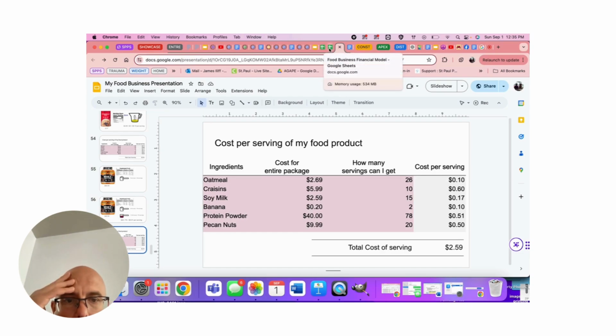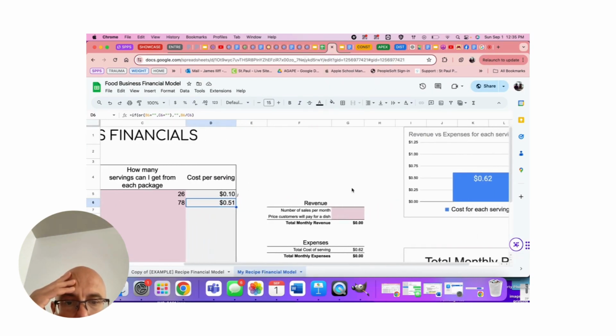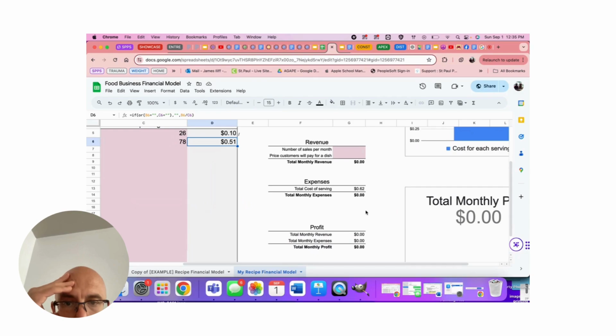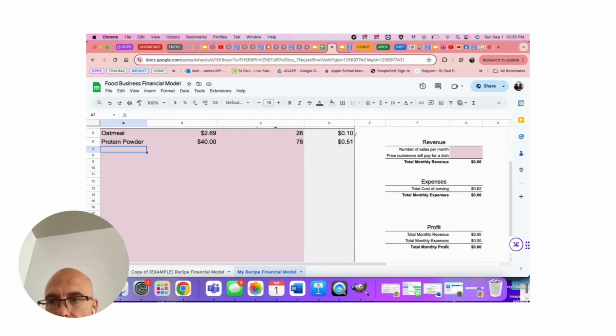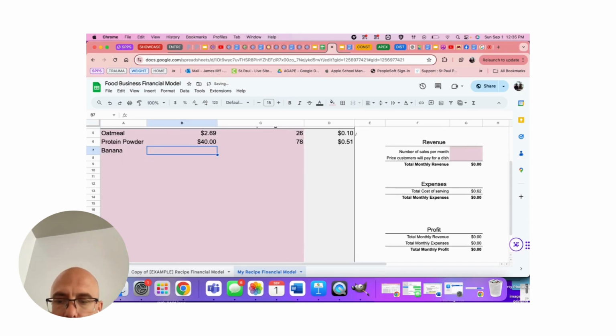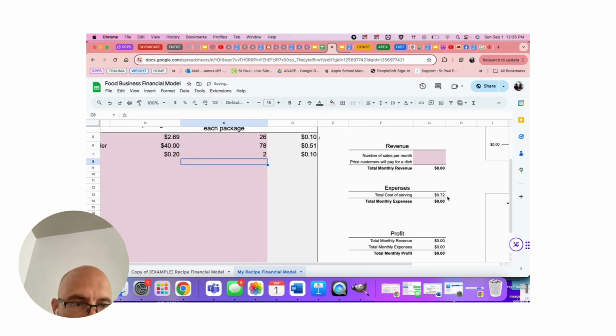Yours might be different. You can see that over here. So far I have 62 cents. And if I came in here and added another one, let's say I added bananas, and let's say it costs me 20 cents per banana, but I can get 2 servings out of that banana. You can see now it changed to 72 cents per serving. And so I just keep going.